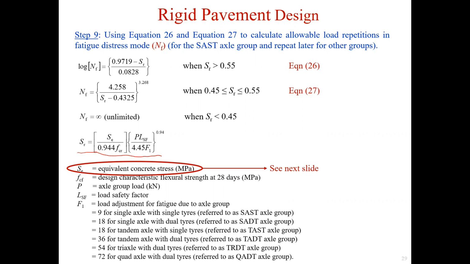FCR is the design characteristic flexural strength of concrete at 28 days. The capital P is the axle group load. LSF is the load safety factor. F1 is the load adjustment for fatigue according to axle group. It has a different value for different types of axle group. So for SAST, we just use the value of 9, and for QADG, we use the value of 72.